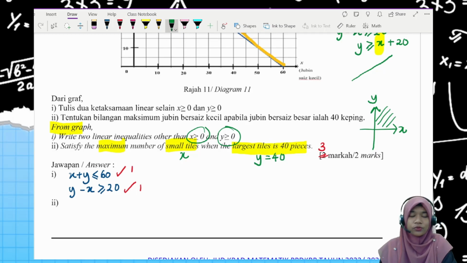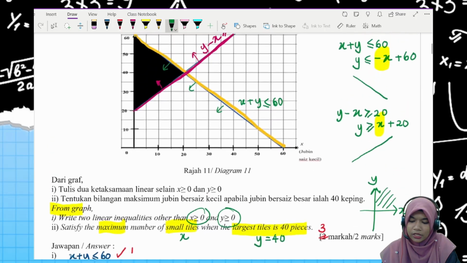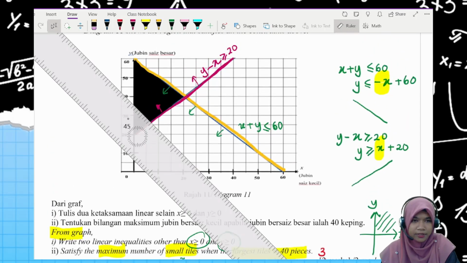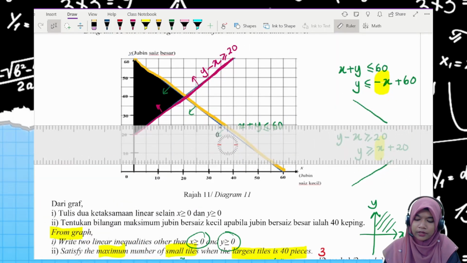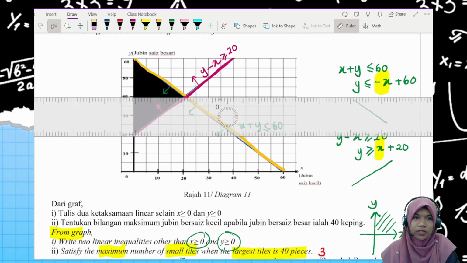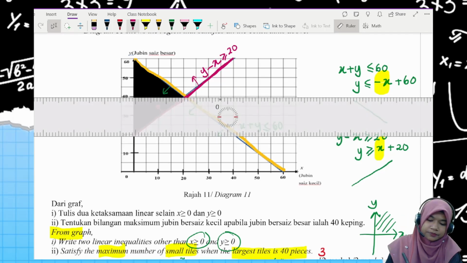So you refer to the graph given in Diagram 11. Take out your ruler and find where y equals 40.